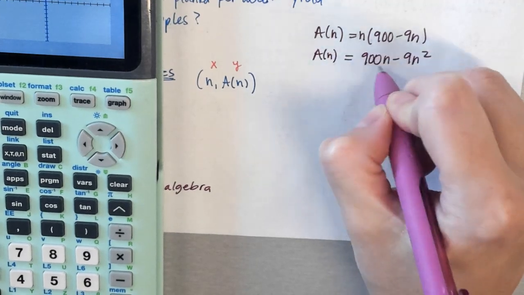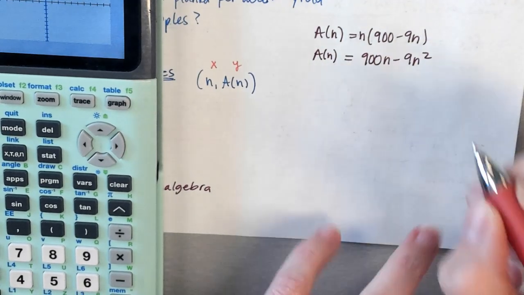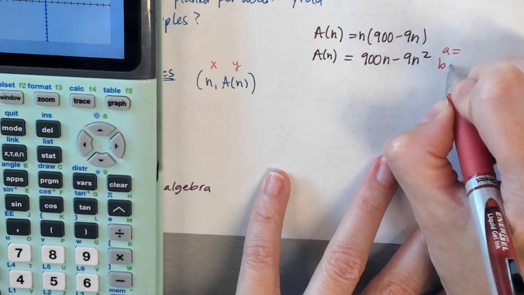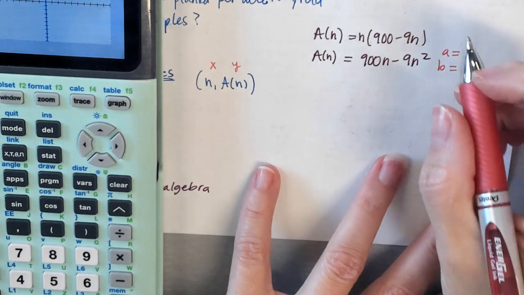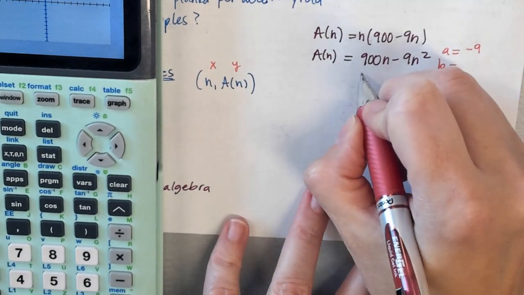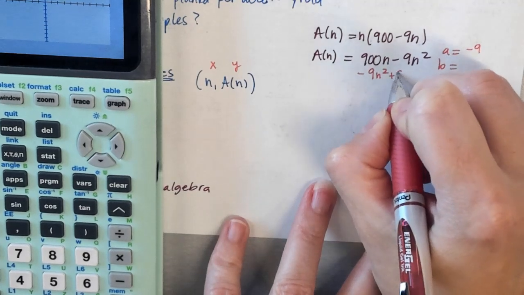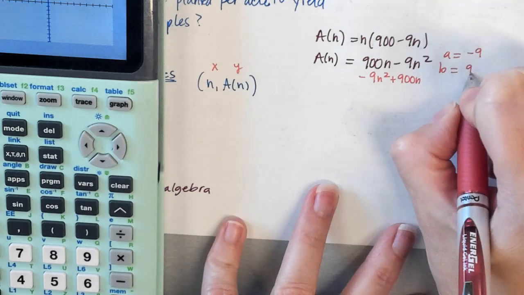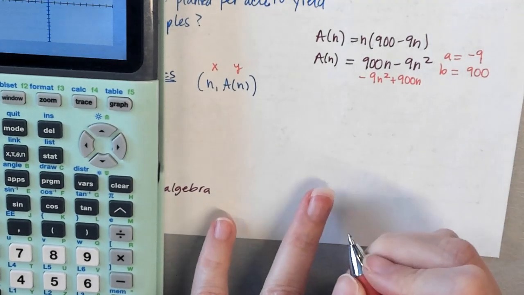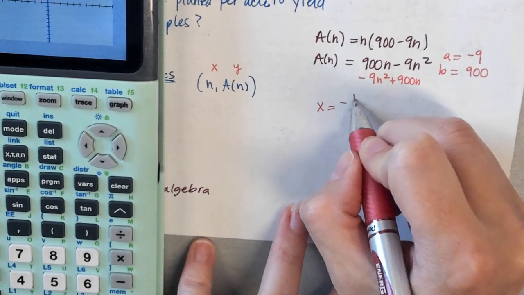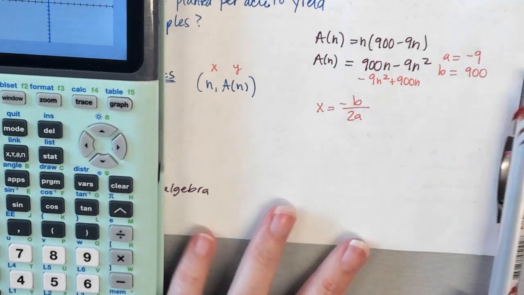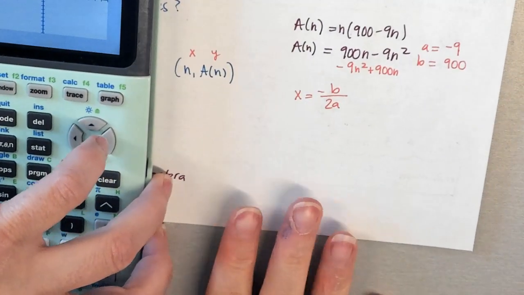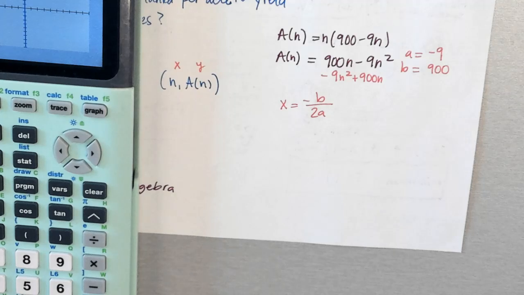What would your A be? -9. The A value is always in front of the squared term. If you want to put it in standard form, you can. Then I want you to do the opposite of B over 2A, and think about how that's going to help you with your window.